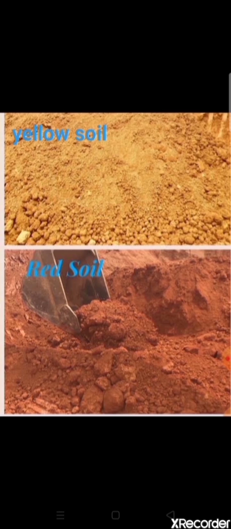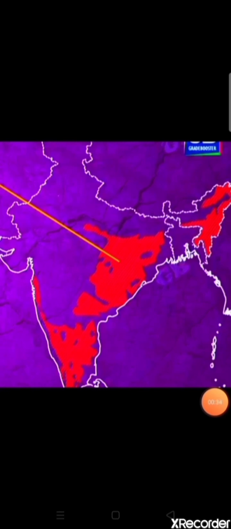It is because this soil develops a color due to diffusion of iron in crystalline and metamorphic rocks. And red and yellow soils are found in parts of Odisha, Chhattisgarh, southern parts of the middle Ganga plain, and it is also found in the Western Ghats.